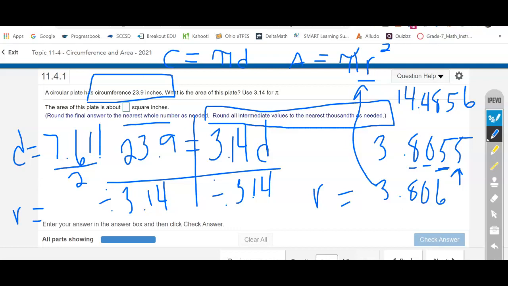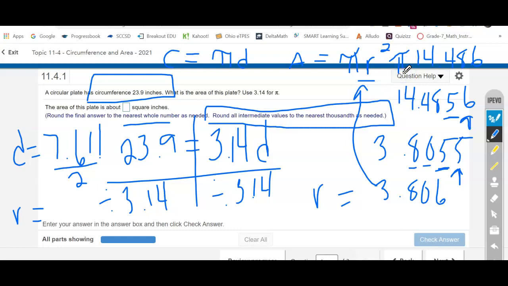Once again, round to the nearest thousandths, tenths, hundredths, thousandths. That's right here. The 6 to the right says round up. So that is 14.486. We're going to take that times pi now.